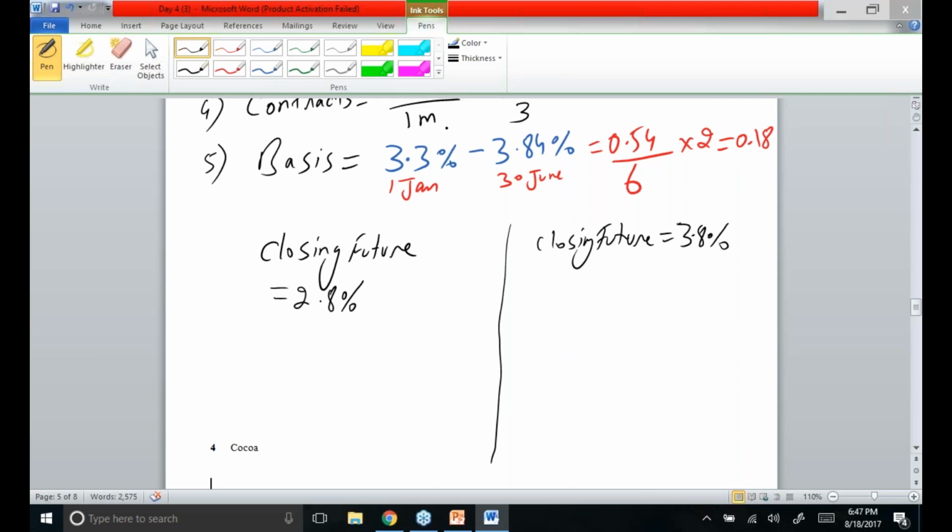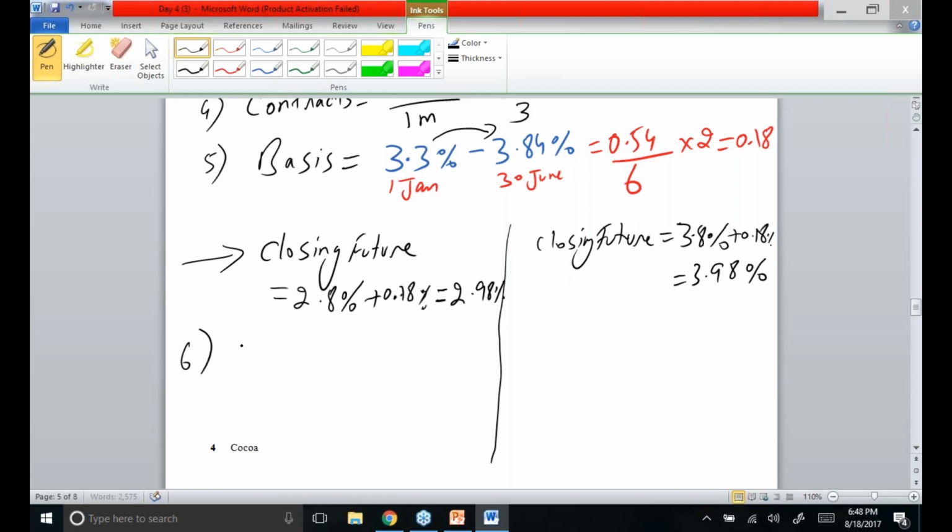In both scenarios, as the trend is increasing from 3.3 to 3.84, you will have to add the remaining basis point, and the closing future will be 2.98% and 3.98%.